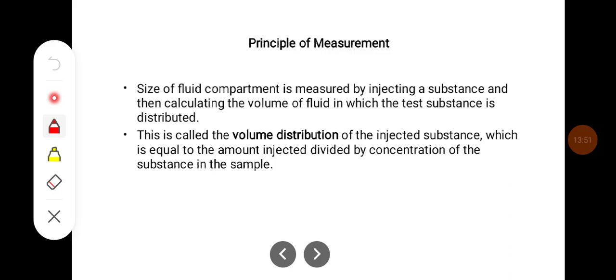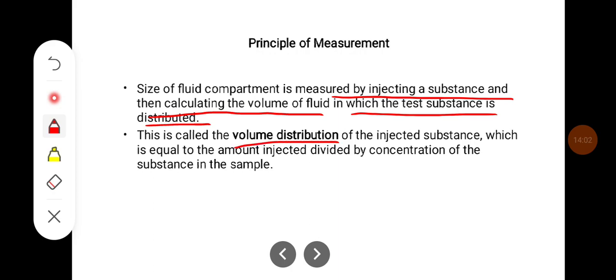The size of the body fluid compartment is measured by injecting a substance and then calculating the volume of fluid in which the test substance is distributed. This is called the volume of distribution of the injected substance, which equals the amount of dye injected divided by the concentration of that substance in the sample.